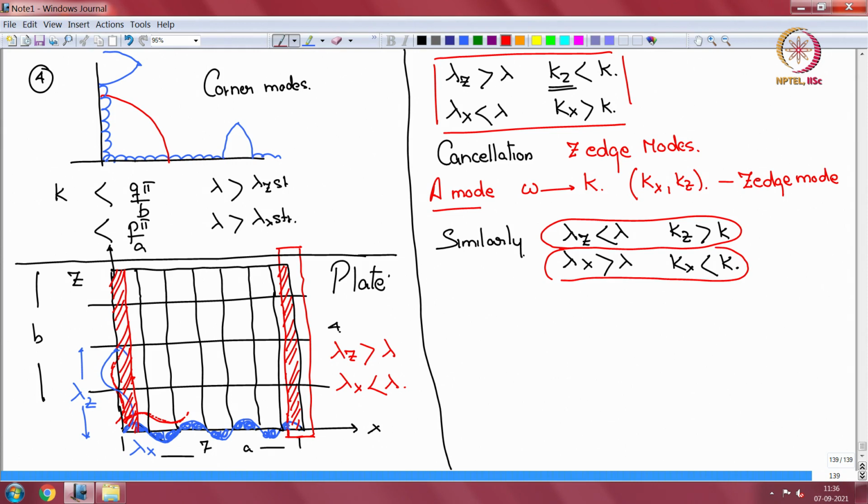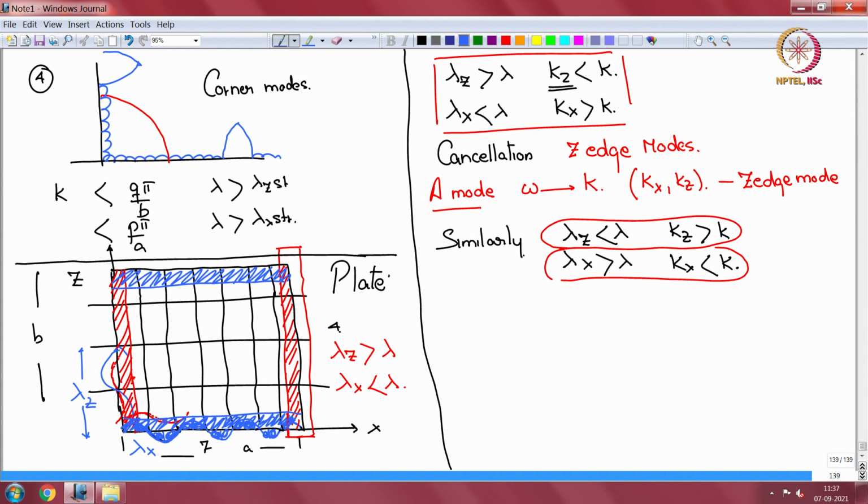So what will happen is we will have x edge radiators.